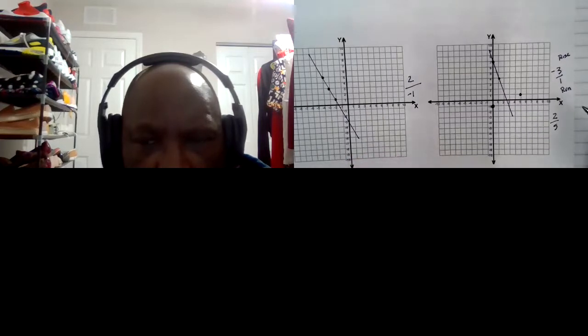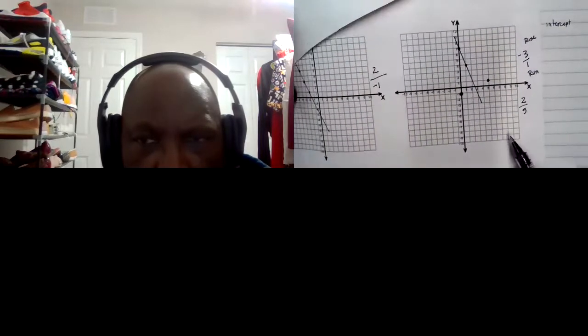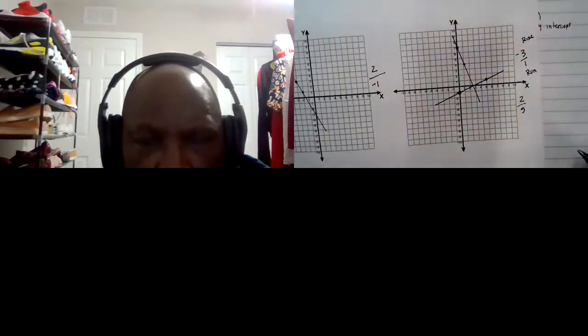And again, we only need 2 coordinates. You can do as many coordinates as you like. If you want to keep going and build a whole line with coordinates, you can, but you don't have to. Because as soon as you have 2, just use a straight edge. Make sure it crosses right in the middle of those grid boxes.